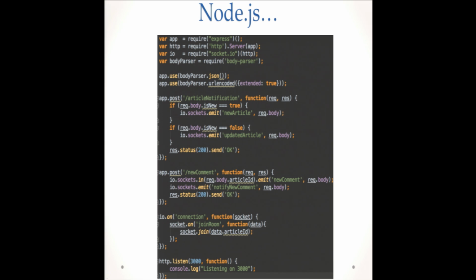The same thing goes for new comment. As you can see, I am emitting the event in that particular room. The name of the room just has the article ID as the name.